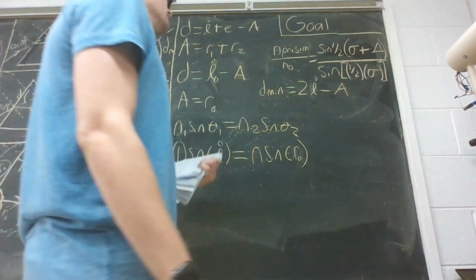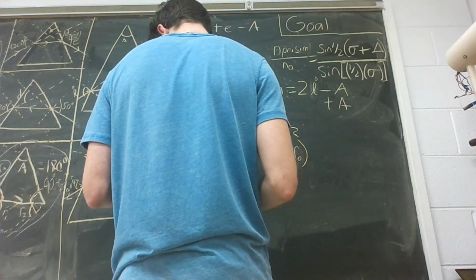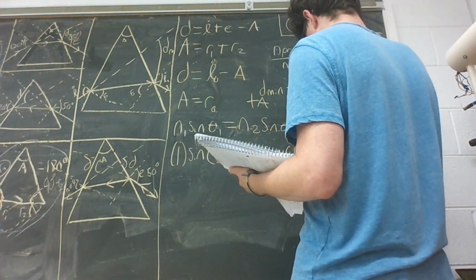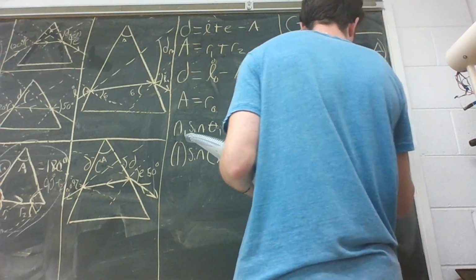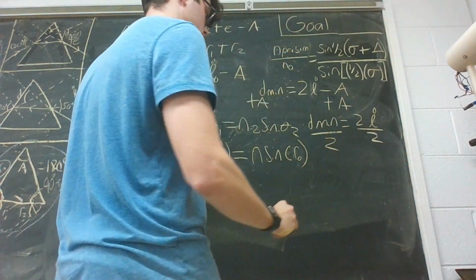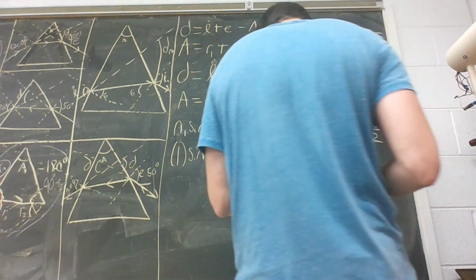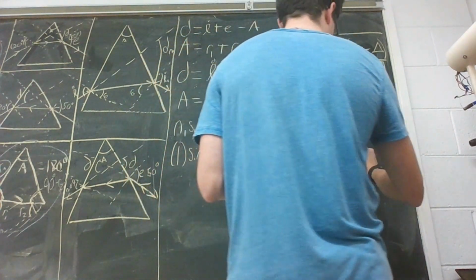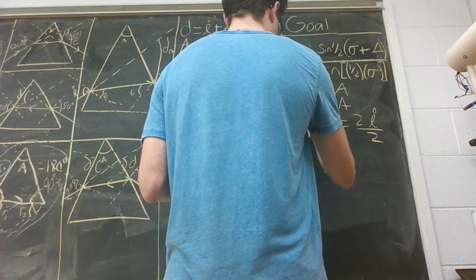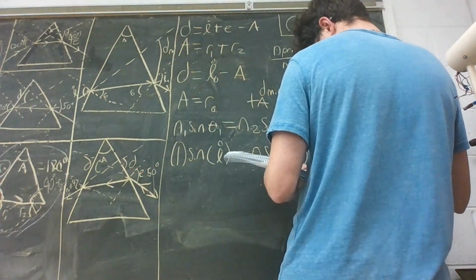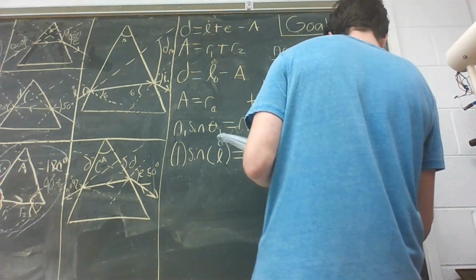So if we solve for I naught, we add A, and so we have D minimum plus A equal to 2 I naught, and dividing by 2, I naught is equal to A plus D min over 2.